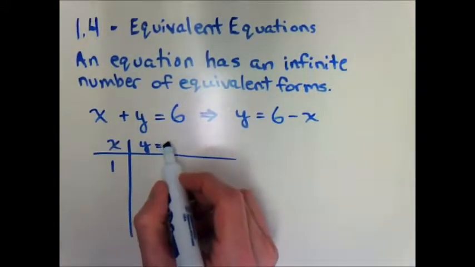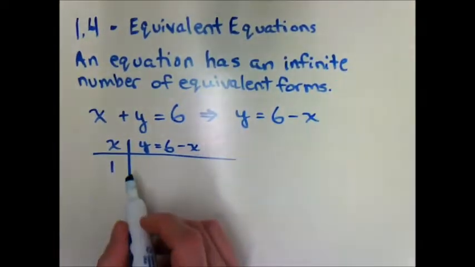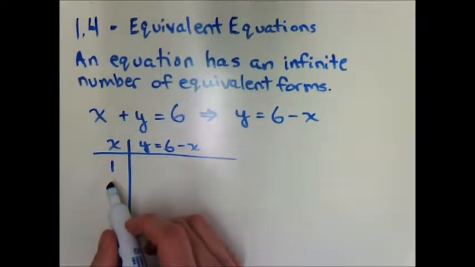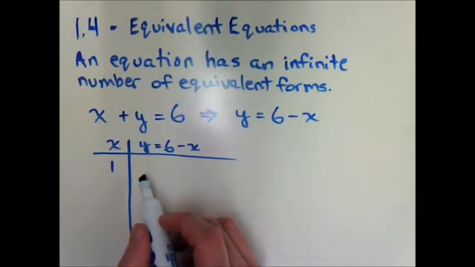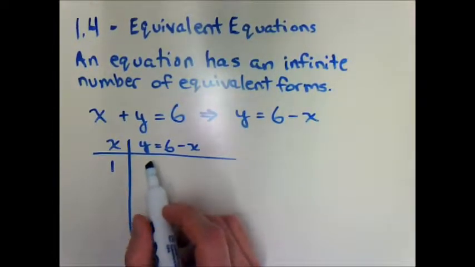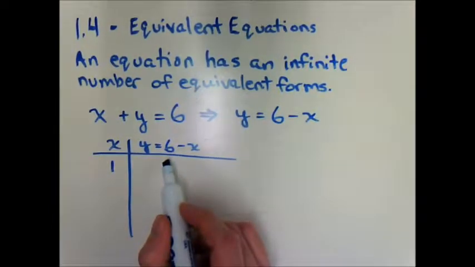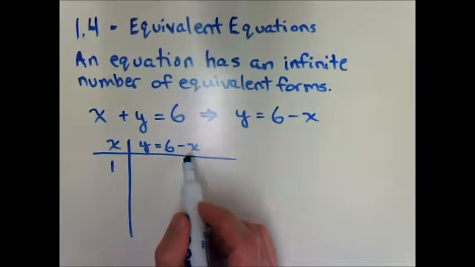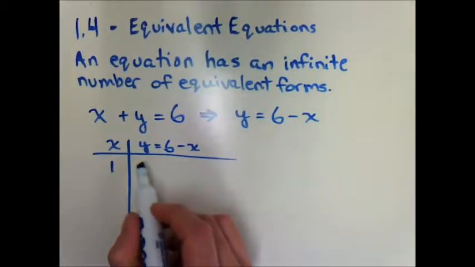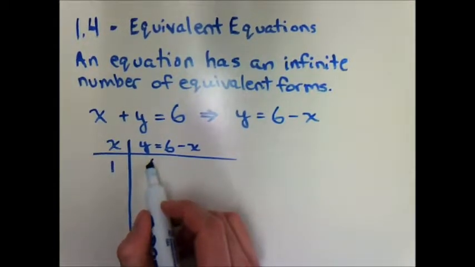So if y equals 6 minus x, and I sub x equals 1 into the equation, Amy, what will the y value be? I've got x equals 1. What will the y value be? Okay, so y equals 6 minus 1, so the y value is 5.